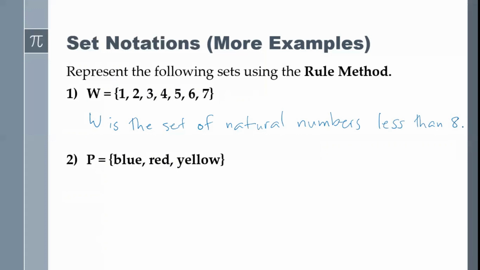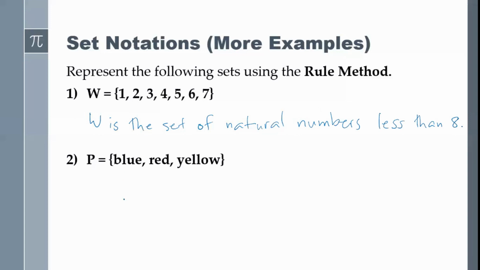So the natural numbers less than 8 are 7, 6, 5, 4, 3, 2, and 1. The other possible solution here is W is the set of natural numbers less than or equal to 7. If you can think of another possible answer, then you can just keep your answer to yourself.